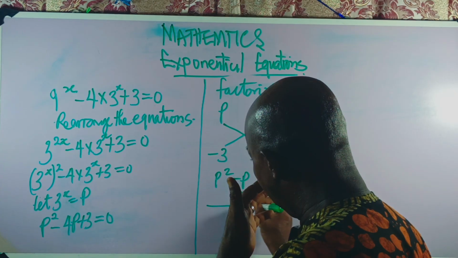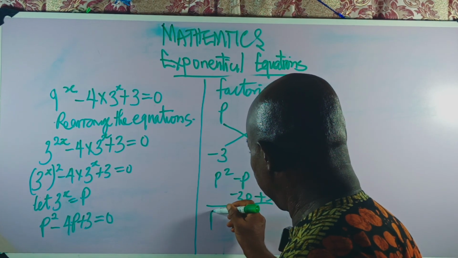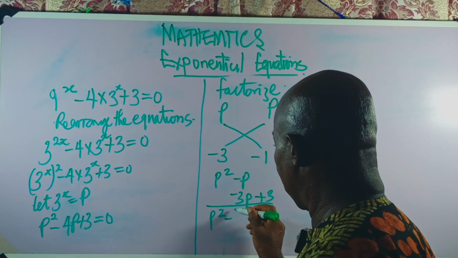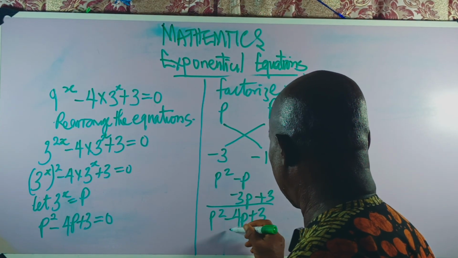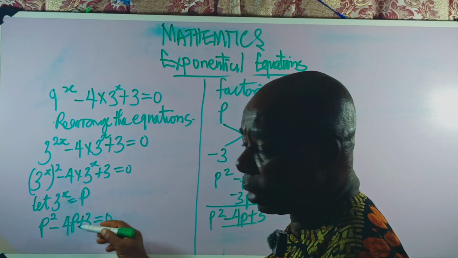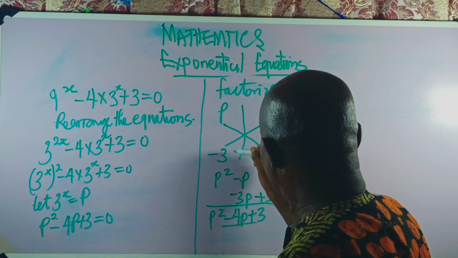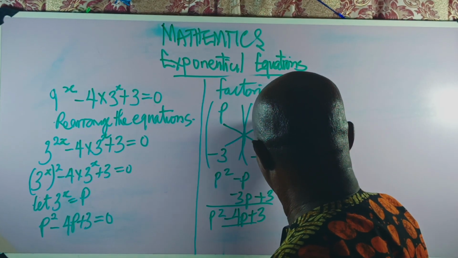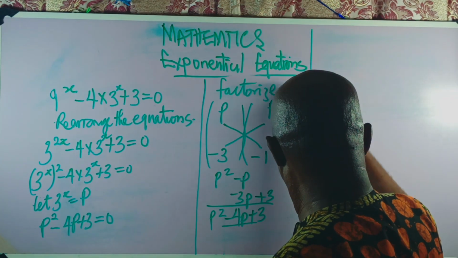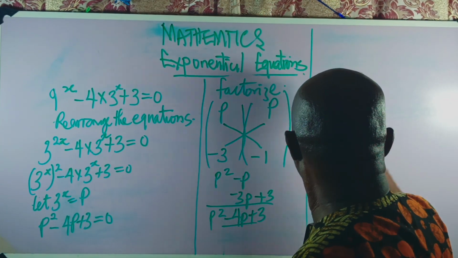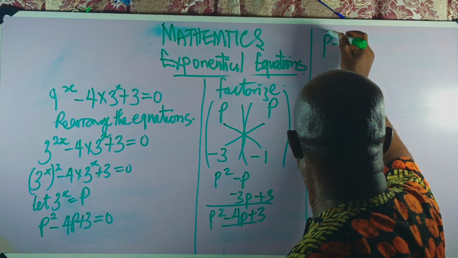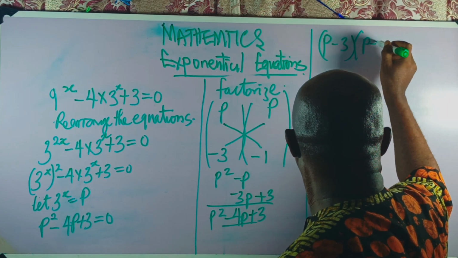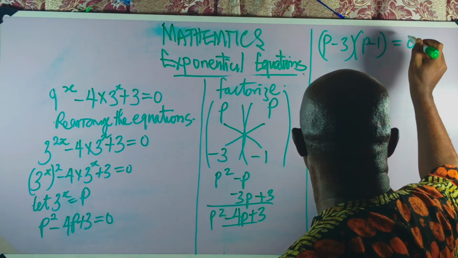So by the time I add it, I will have p squared minus 4p plus 3. And this is the same thing as what I have here. So I will group it like this. In this case, I will have p minus 3 and p minus 1, and this is equals to 0.